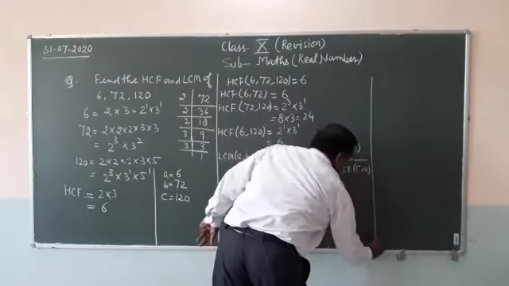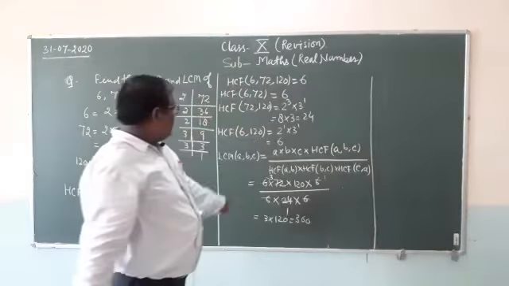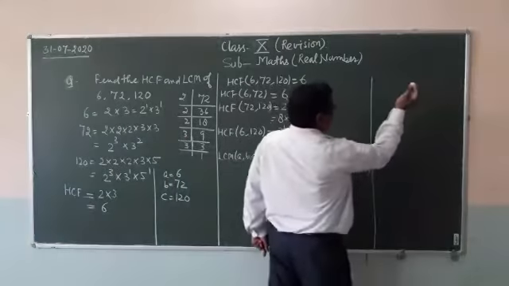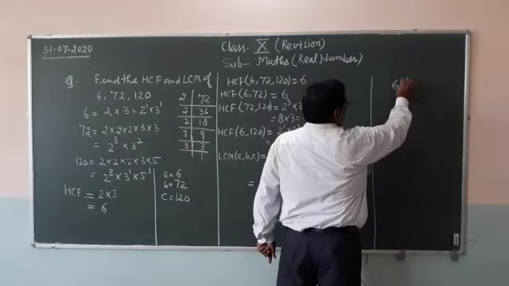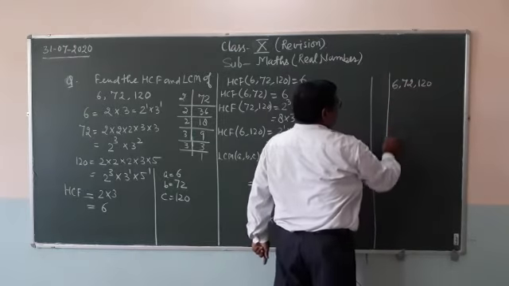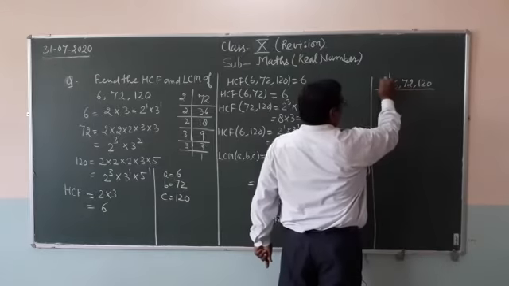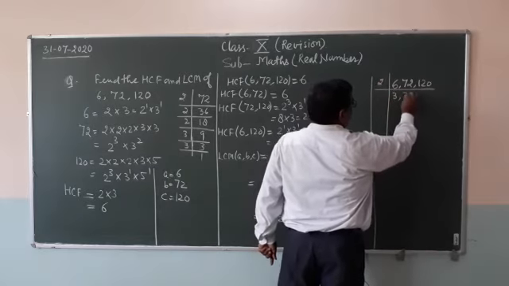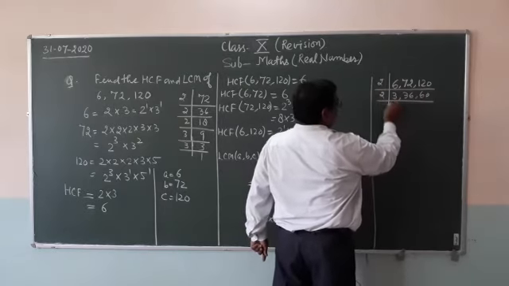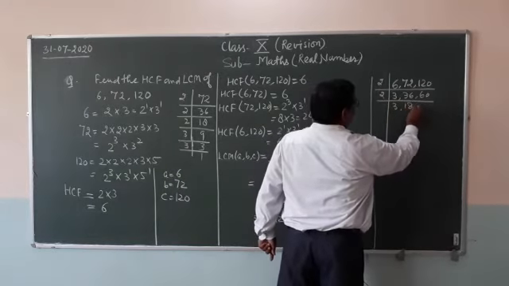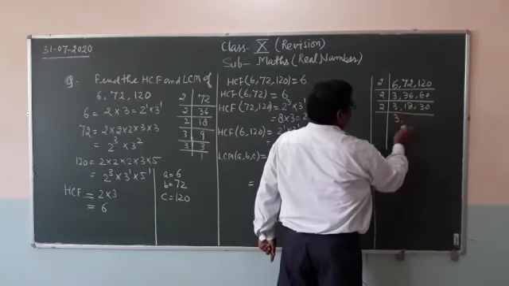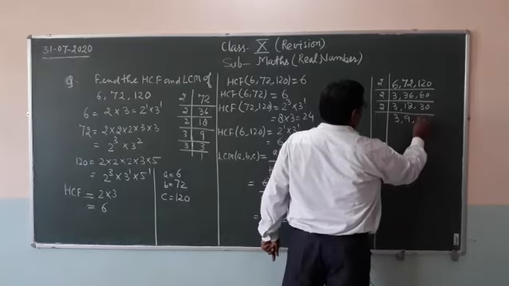Now to check this, we use the prime factorization method to find the LCM of 6, 72 and 120. Divide by 2: 3, 36, 60. Again 2: 3, 18, 30. Again 2: 3, 9, 15.